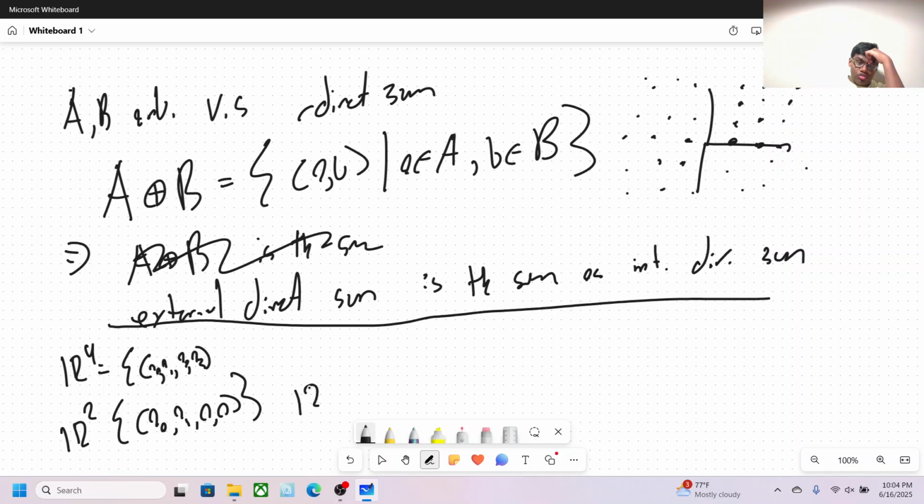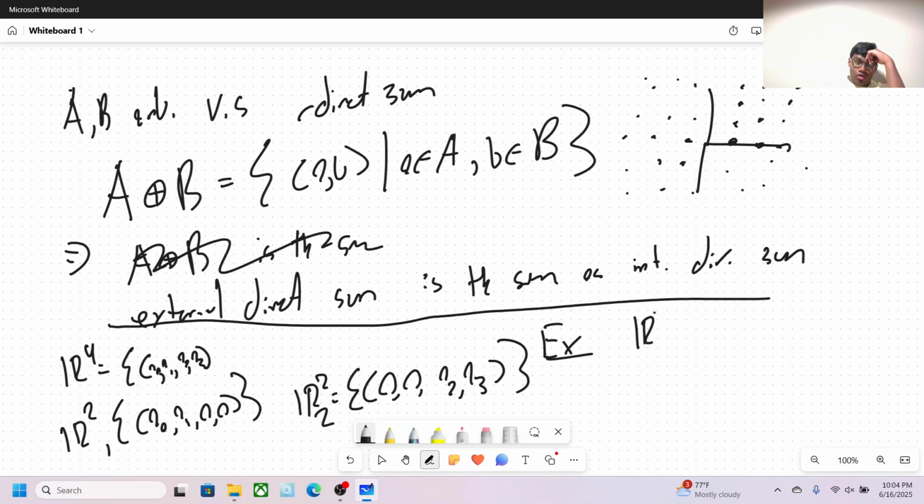Take a copy of R2 given by 0, 0, a2, a3. Let's call these R2 sub 1 and R2 sub 2. Exercise: show that R4 is the internal direct sum of R2 sub 1 and R2 sub 2.